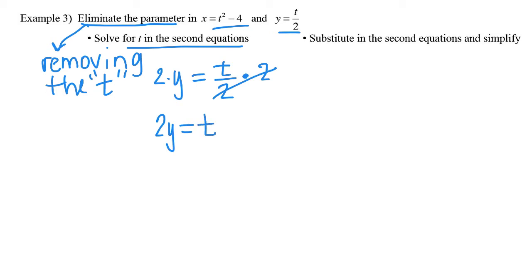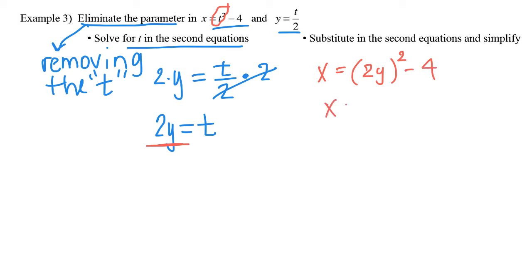And then I need to sub this into the second equation. Whenever I sub into the second equation, notice that I'm going to have x equals, but instead of having t squared, I'm going to change that t to what we found t to be equal to, which is 2y, and that's all squared, minus 4.